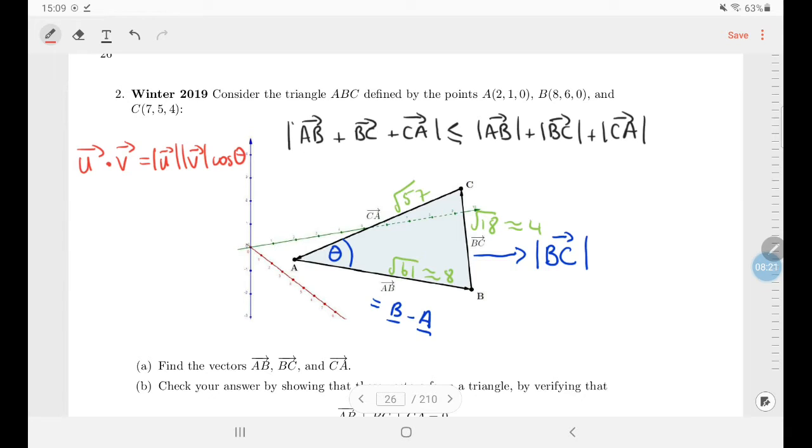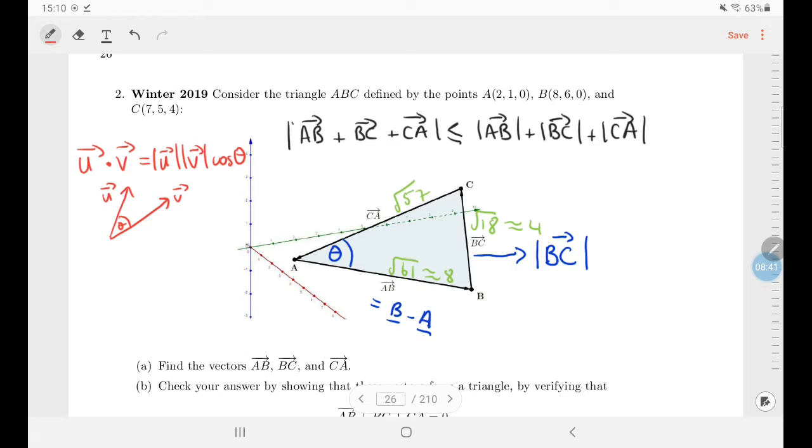Now, if you look at the angle theta here, you have to draw a picture with this. So the two vectors, if you want to find the angle in between, they have to be coming out of the same point, as it were. But if you look at this, what vectors is the angle theta between?